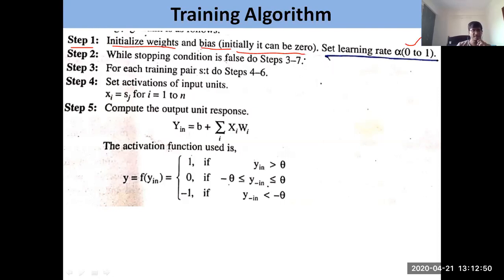Step 2 basically involves a loop, which will continue till we reach a stage where all the calculated outputs become equal to the corresponding targets. In each iteration, we would be setting the inputs, computing the activation input, and then applying the activation function in order to calculate the output. So let's see one example here.